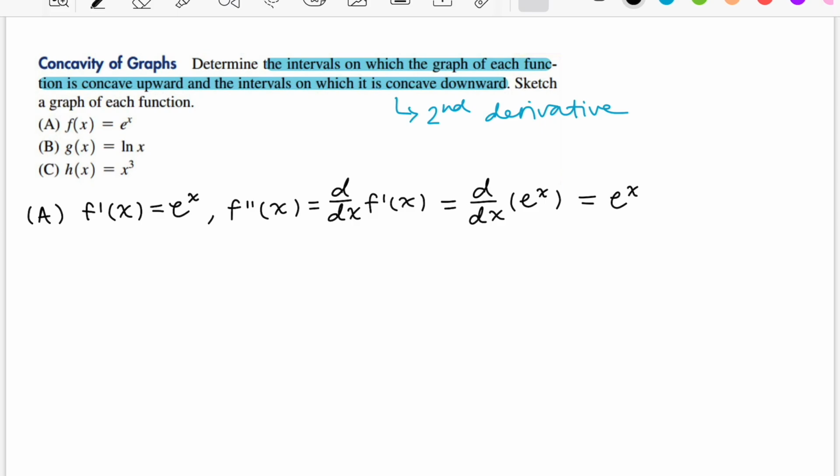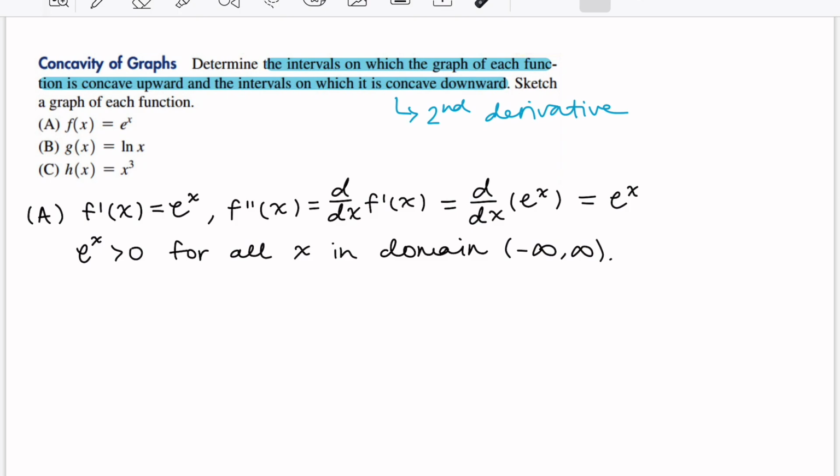All right. And we know that e to the x is going to be greater than 0 for all x in our domain of all real numbers. So that's just a property of e to the x.